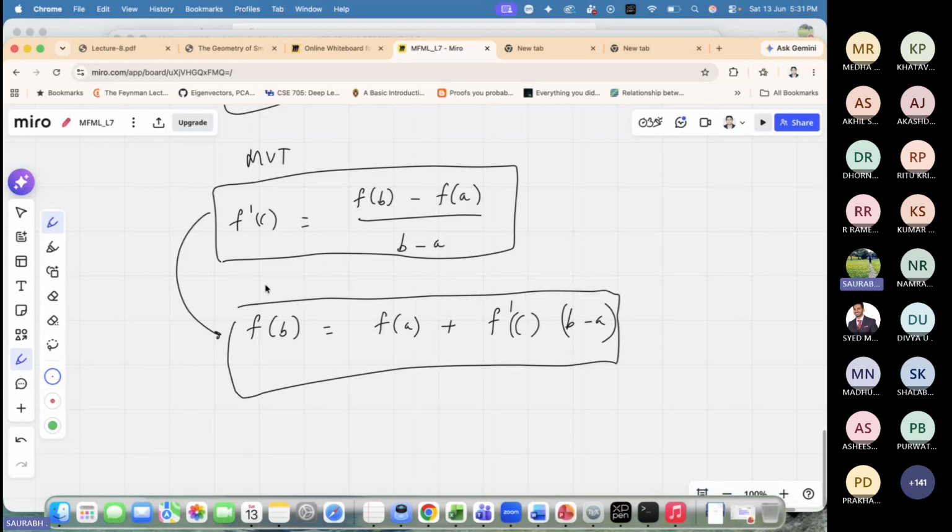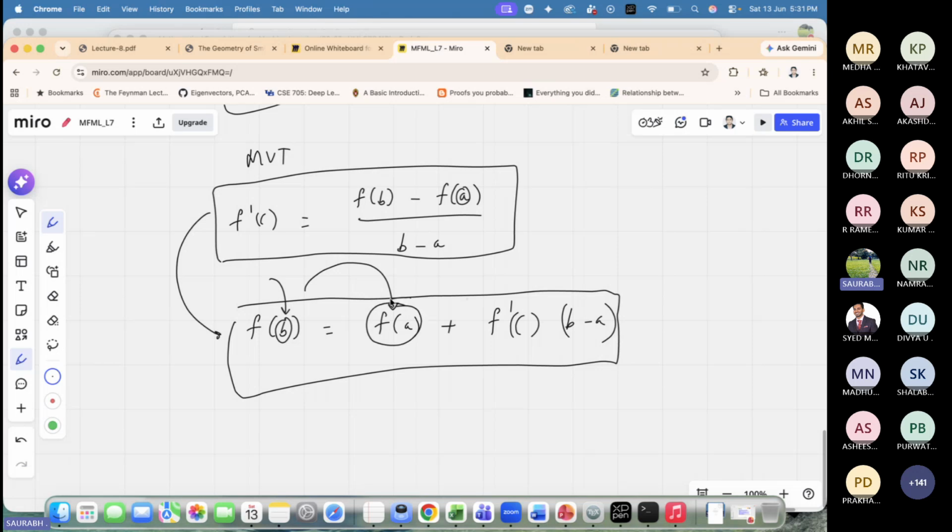It tells you that the function's value at a new point B, think of it as you started from A, is equal to what you know about the function's value at A, right?